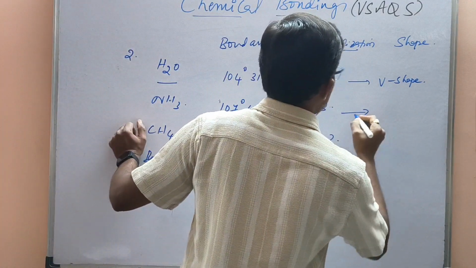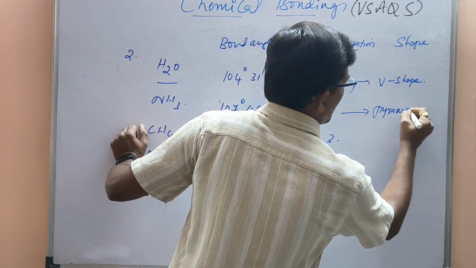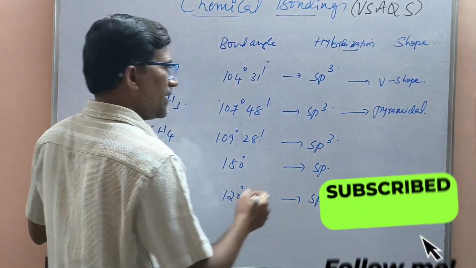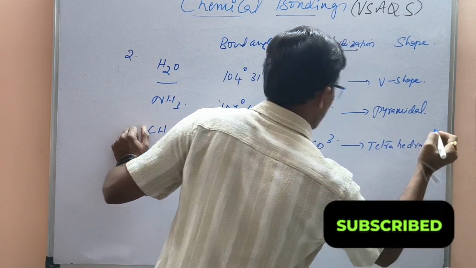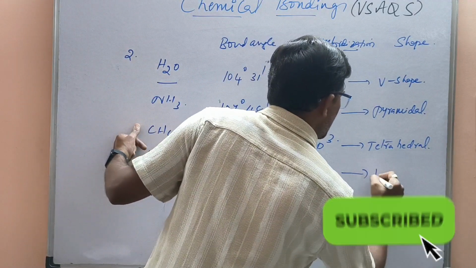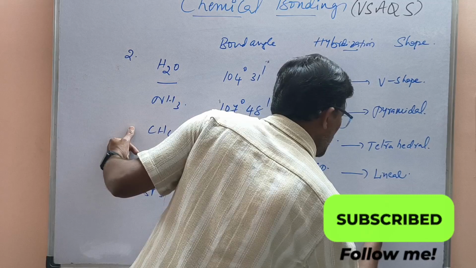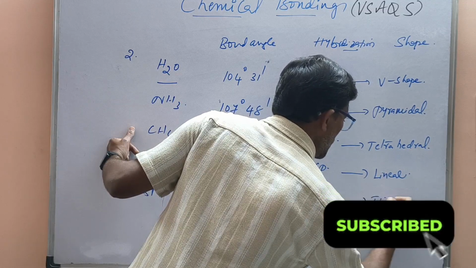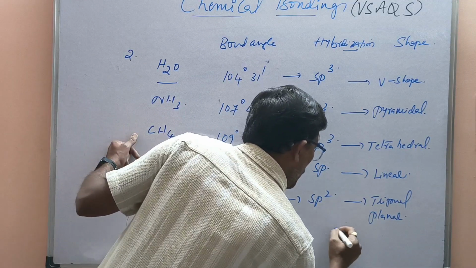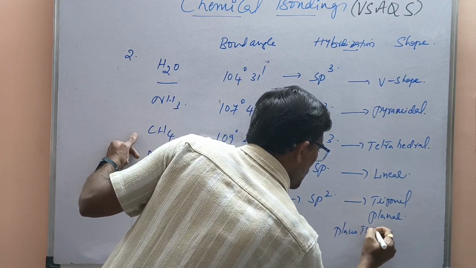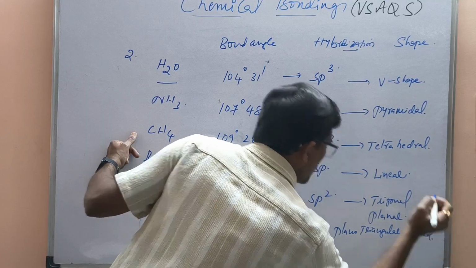Next, ammonia. The shape is pyramidal, methane is tetrahedral, BeCl2 is linear, and BF3 is trigonal planar, or plano triangular shaped molecule.